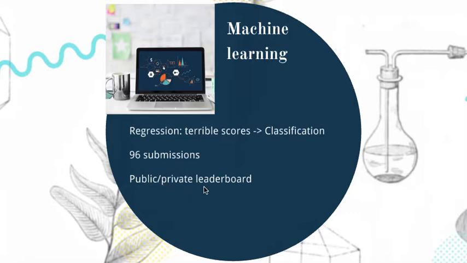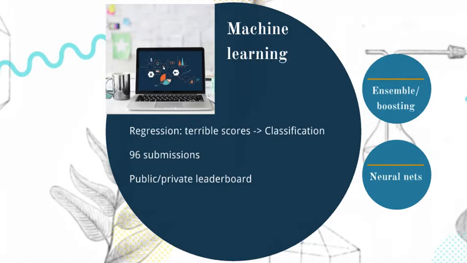And that's just to keep it interesting, I guess. The day the competition ends, it happens that there's a shake-up of the leaderboard because some models generalize better than others. So when you see public and private scores down the road, now you know what that refers to.